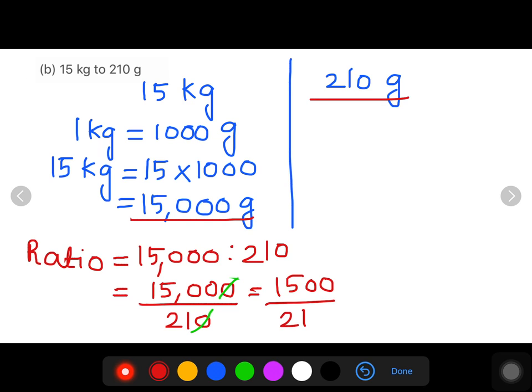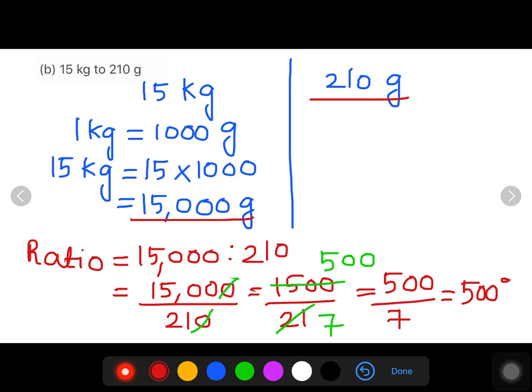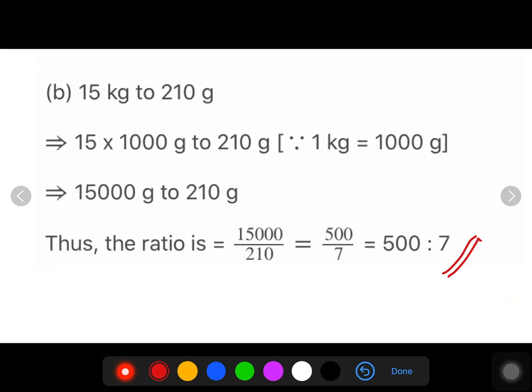If you divide by 3, 3 sevens are 21, 3 fives are 15, so it will be 500. So your answer will be 500 divided by 7. Therefore the ratio is 500 is to 7. So you write the answers like this.